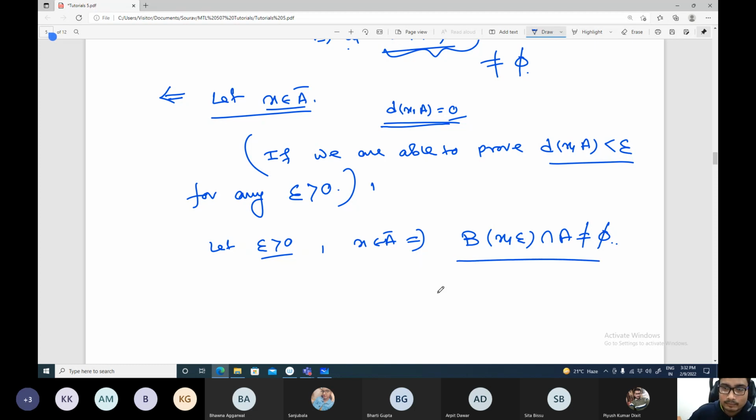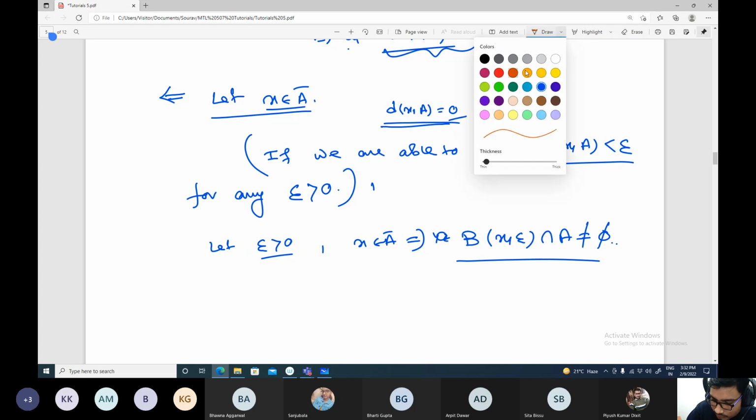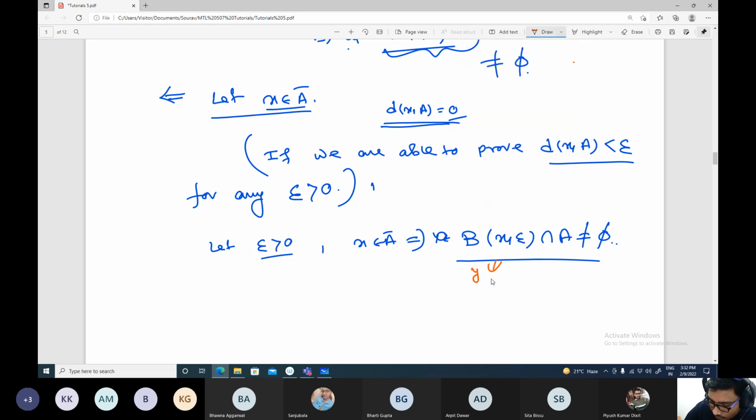Then let y be an element from here. So this implies y belongs to A and y belongs to B of x comma epsilon. So this implies d of x comma y is less than epsilon.